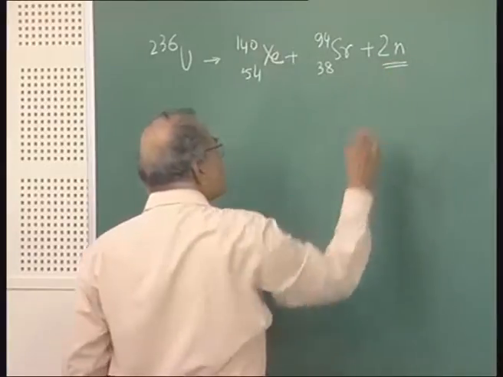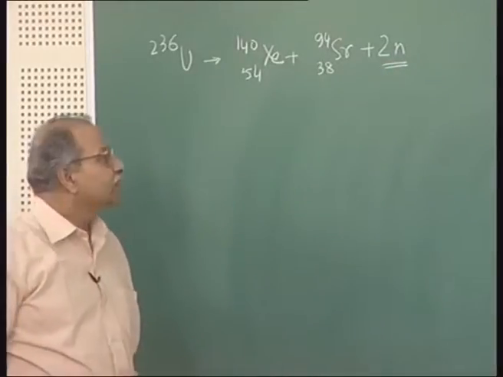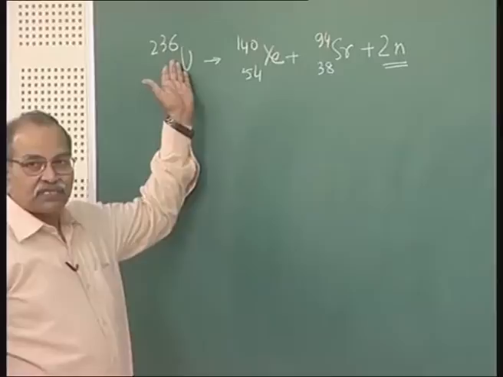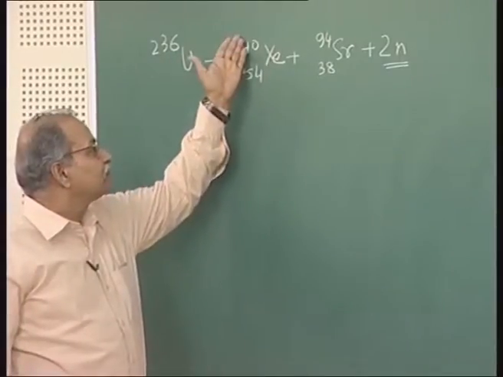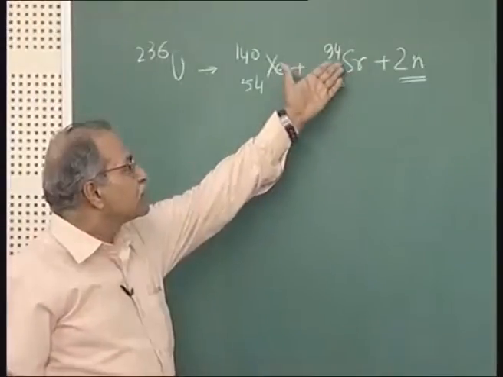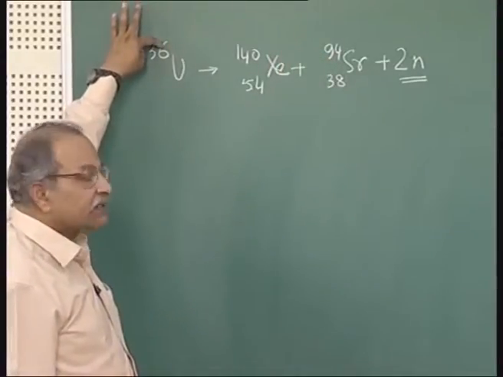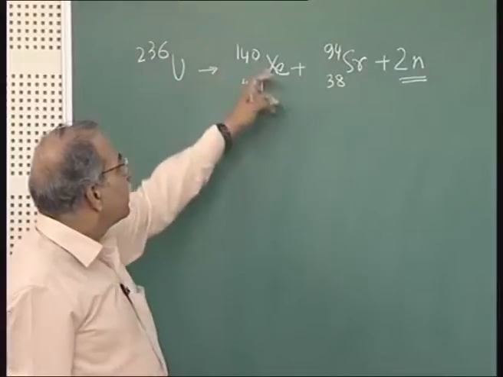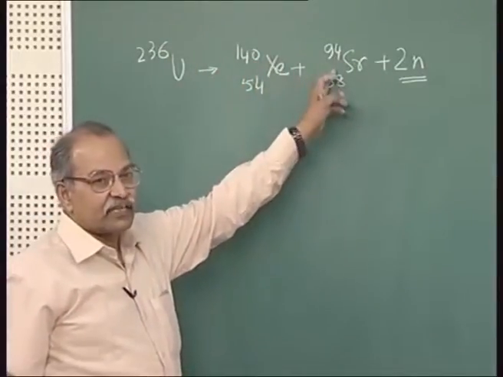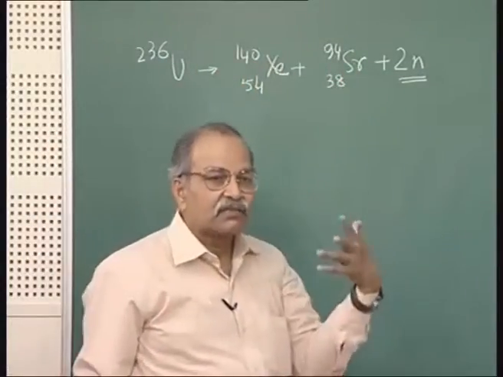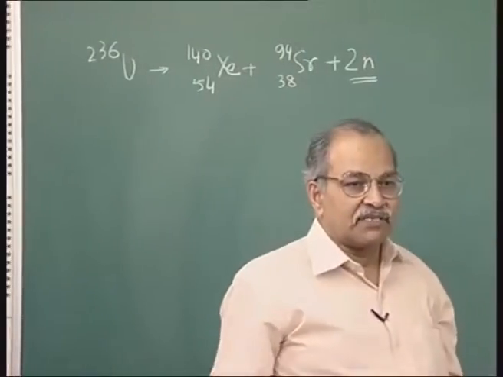So what is this plus 2 neutrons? Why are they here? This breaks into two parts. One part is this xenon 140, the other part is strontium 94, but of these 236 nucleons, only 234 are there in these two fission fragments and 2 neutrons are emitted together with the fission.